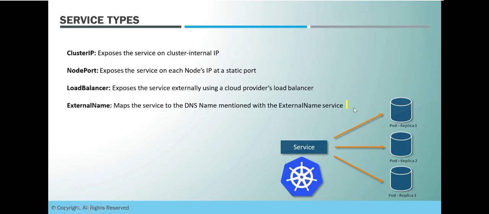So let's see some of the scenarios using the service implementation. These 4 types of services have their own use cases, and we will not be able to implement all of them here. We will try to implement cluster IP and load balancer because we are using Google Cloud machines here. So cluster IP can be created inside the cluster, and I will be using load balancer here, because I am using a Google machine, which is a cloud instance.